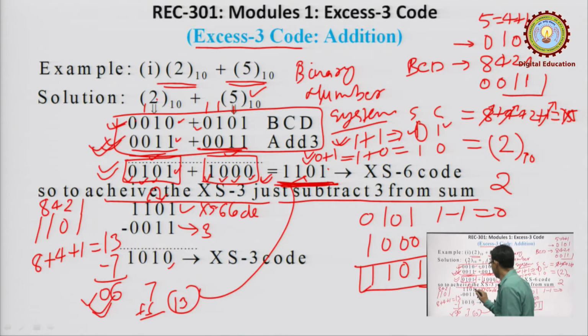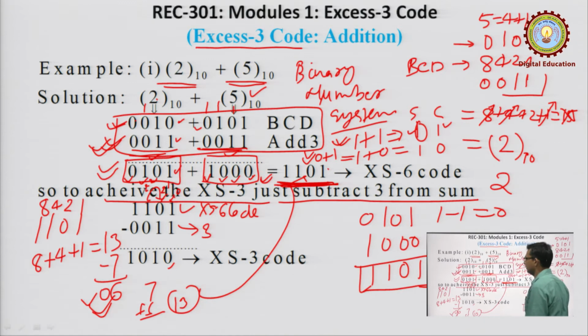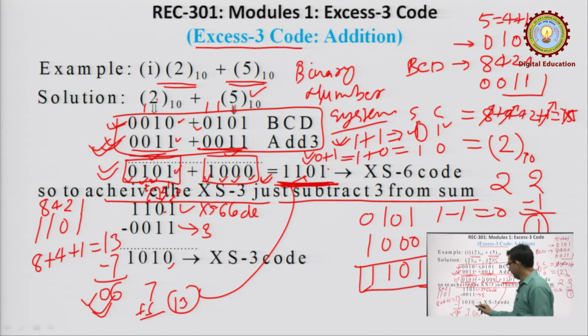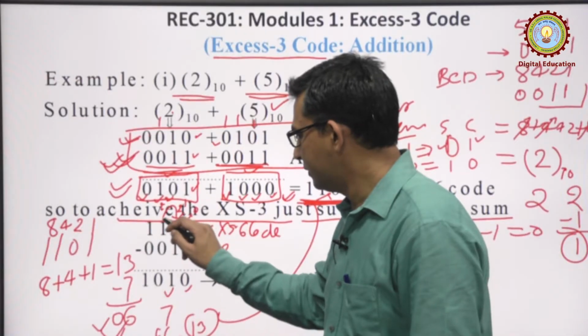So, if this is 2 to the power 0, this is 2 to the power 1, this is 2 to the power 2. So, we are taking the 2 to the power 2, and the place value is 2 to the power 1. So, finally we will get 2, and if we subtract 1 from 2, 2 minus 1 is equal to 1. So, after subtracting we will get the 1 here, and this will become 0.